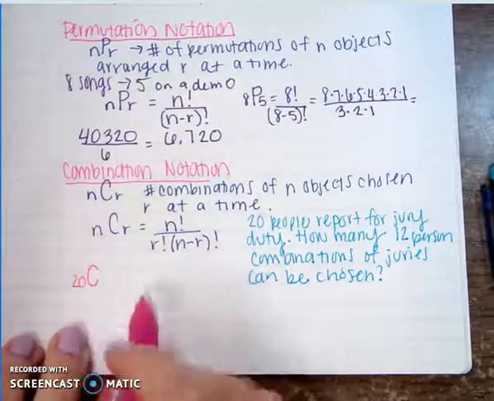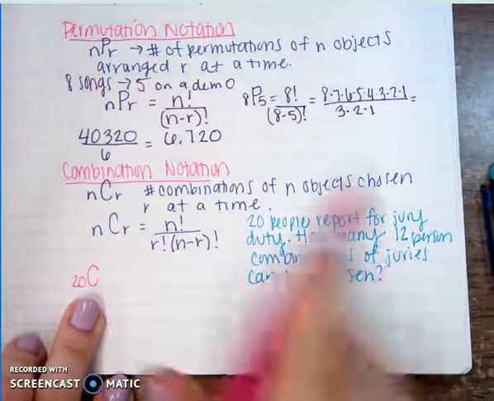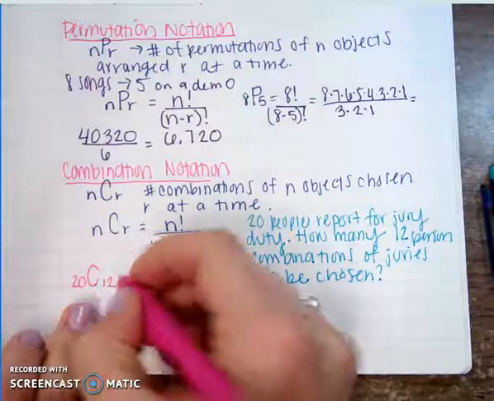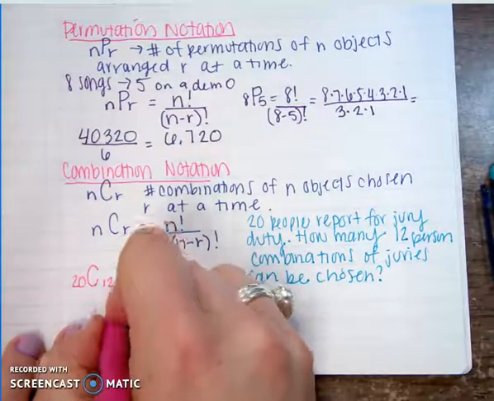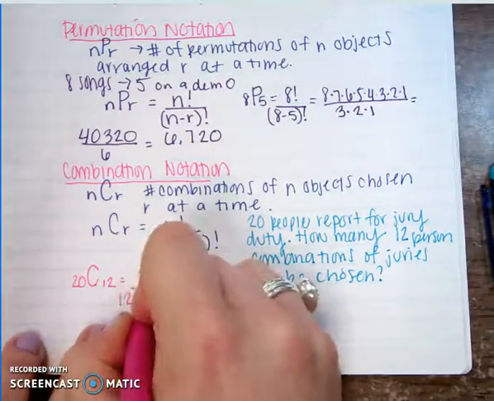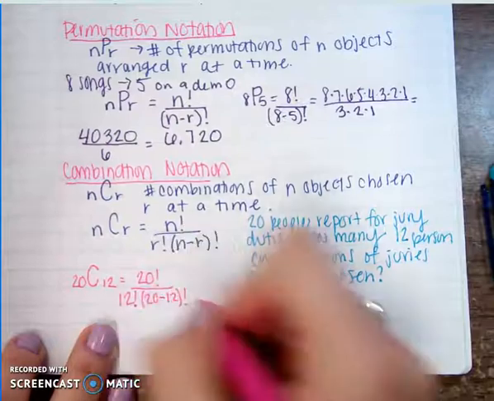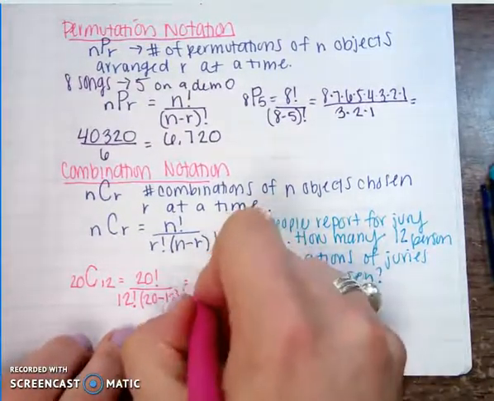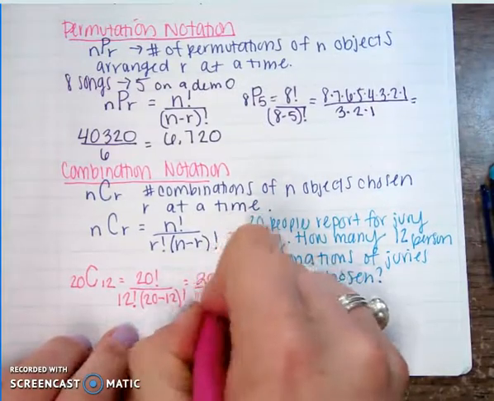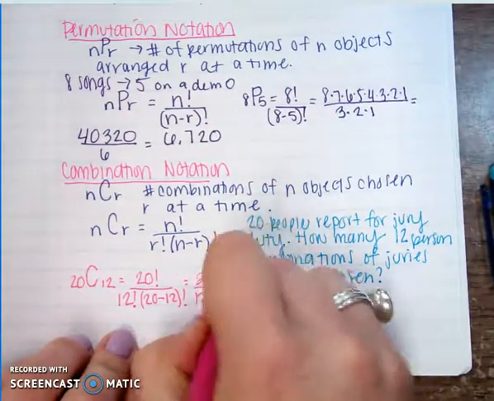Combinations of r at a time, we're going to say 12 at a time. So that's 20 factorial over 12 factorial times 20 minus 12 factorial. We can simplify this bottom as 12 factorial times 8 factorial.